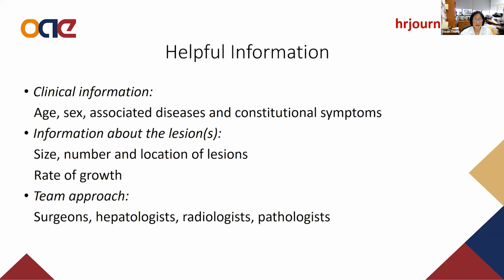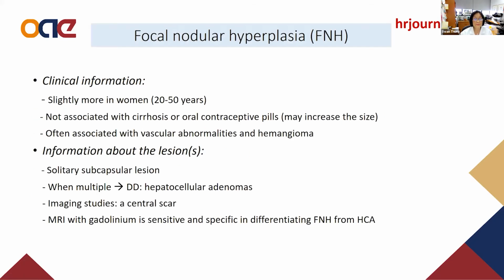Are they spread on both lobes, or just clustered in one lobe, and so forth? And also the rate of growth, if there is imaging to compare. And at the end, I always stress that a team approach is the best for the patient. Of course, the team will include surgeons, hepatologists, radiologists, and pathologists.